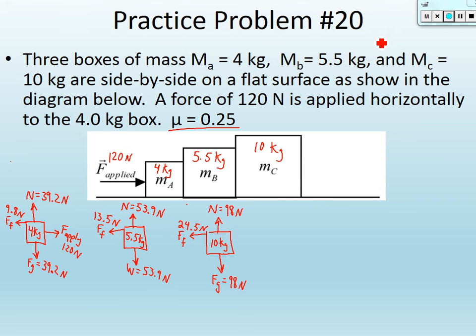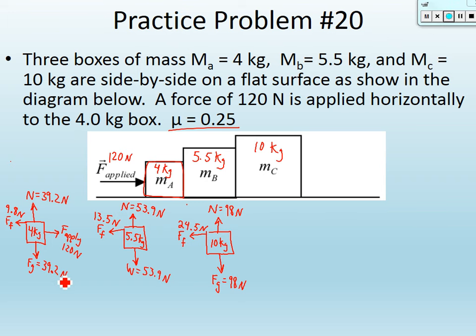Okay, so let's see how you guys did. What I've done is gone ahead and drawn the free body diagrams for block A, block B, and block C. But I've left off a few of the important forces, the new forces that we're talking about today. So, guys, let's look at the free body diagram for block A, which I've drawn right here. We've got an applied force of 120 newtons.